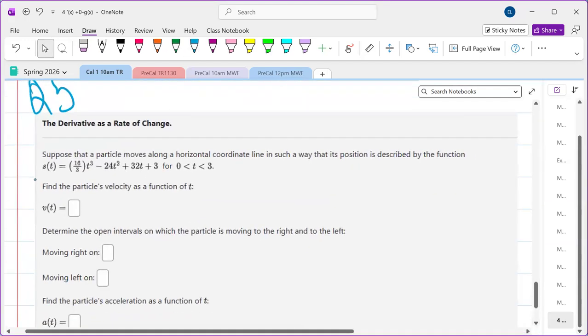Suppose that a particle moves along a horizontal coordinate line in such a way that its position is described by the function blah for 0 less than t less than 3.